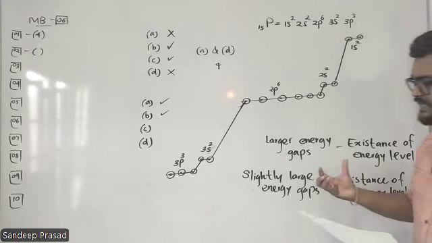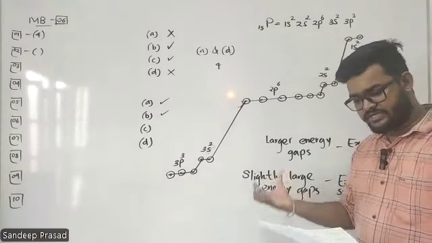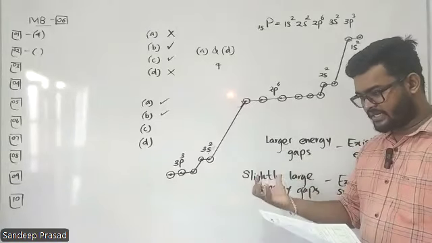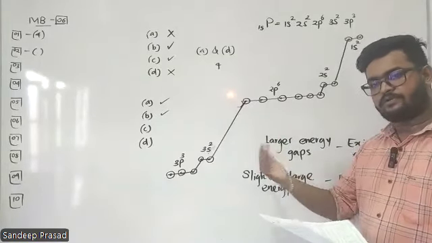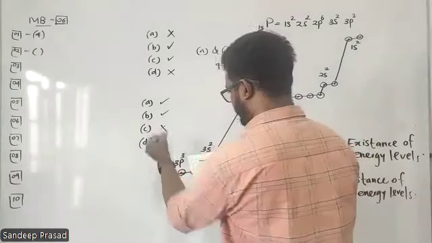Using the ionization energy graph, we are just understanding the existence of the principal energy levels and the sub-energy levels. How electrons are distributed among these energy levels can be analyzed, so the C statement is wrong.